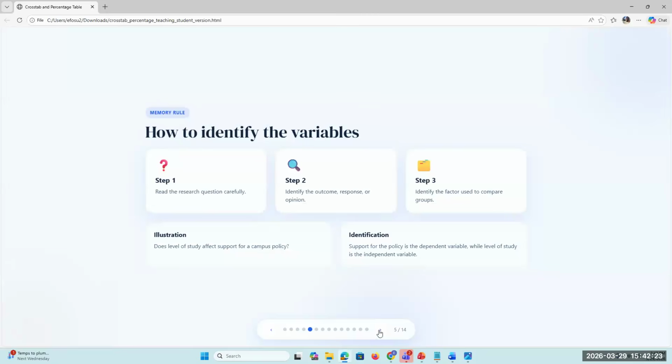So now the next one, we're looking at how to identify the variable, right? So we've done a brain exercise. Step one, you read the research question carefully, right? Identify the outcome or response or opinions. Step three, you identify the factor used to compare the groups. And then we've gone through all that, level of study affects support for campus policy and so on.